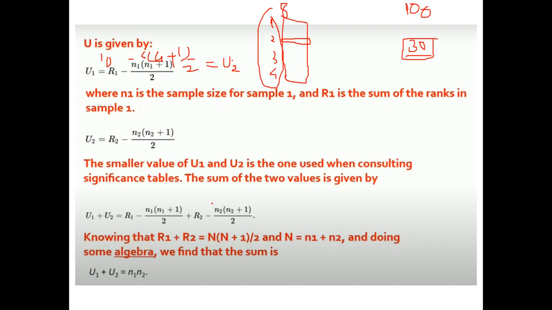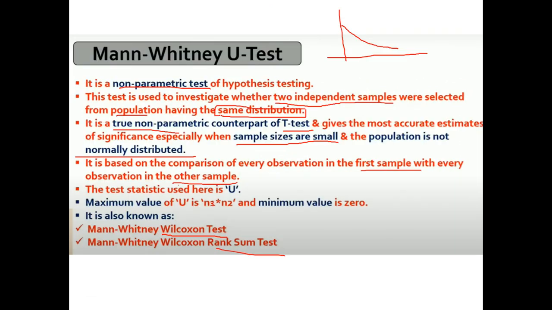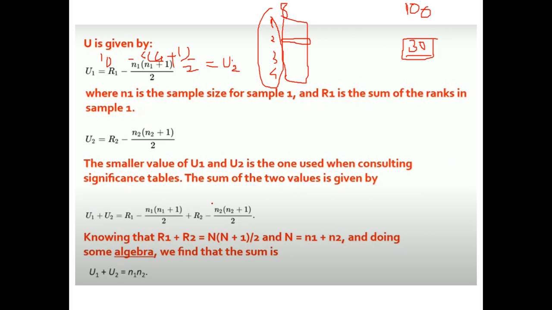So that is the Mann-Whitney test here. You will calculate U1, U2, and with some algebra you will get U1 plus U2 equal to n1 into n2. This is nothing but the derivation of how we get U1 plus U2.